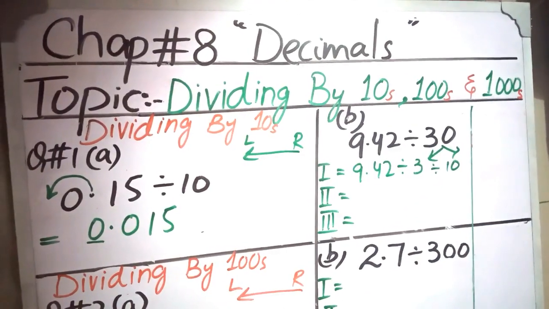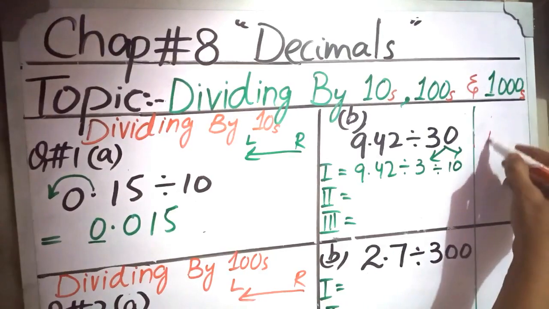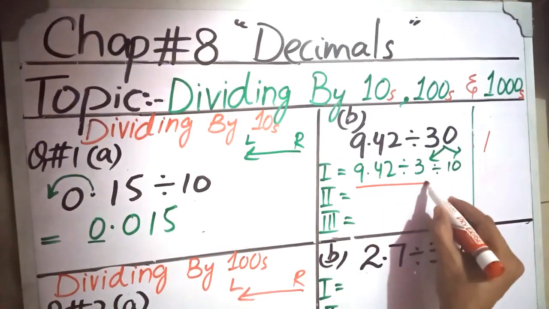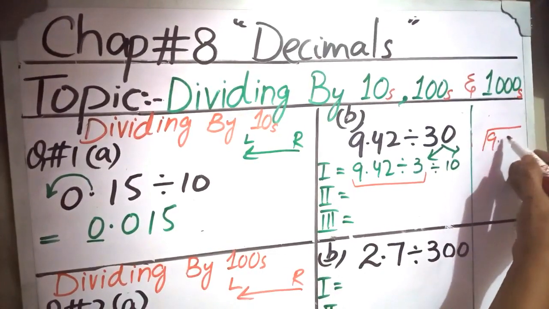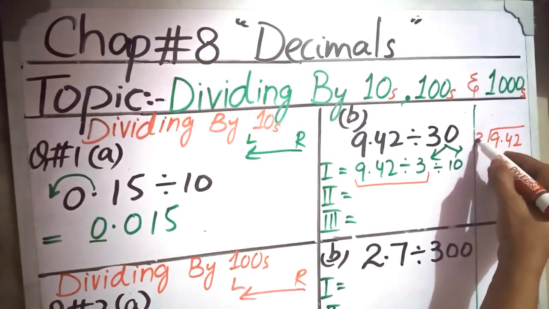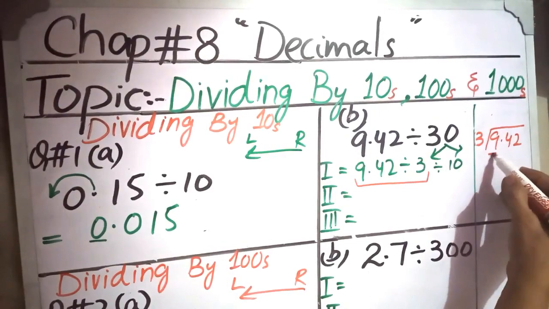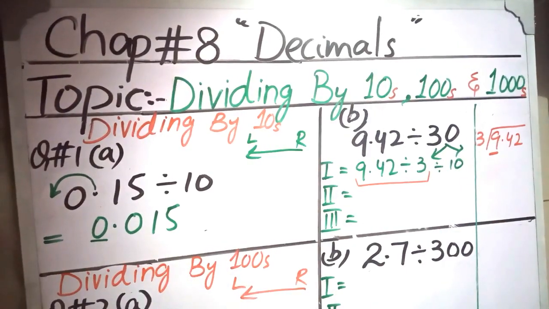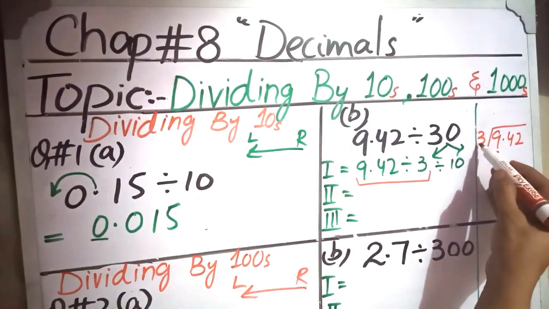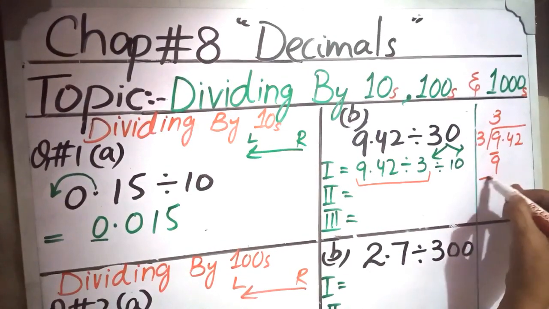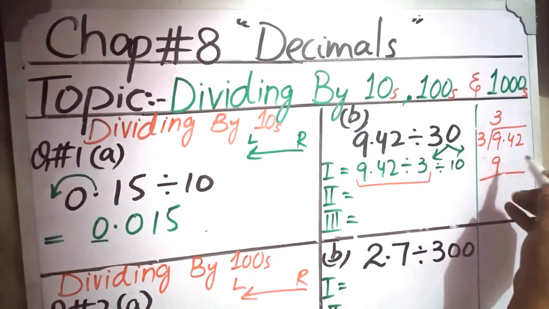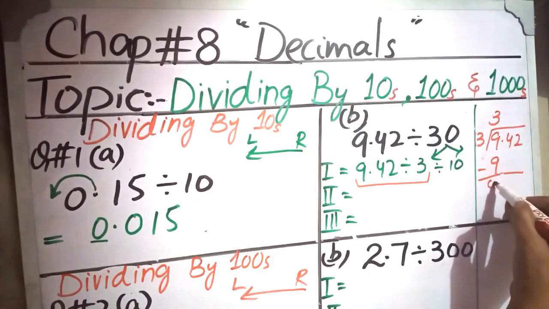We will go to the rough work to divide the numbers. We will divide these first: 9.42 divided by 3. First we check the first number: is it divisible by 3? 3 threes are 9, divisible by 3. After subtraction, we get 0.